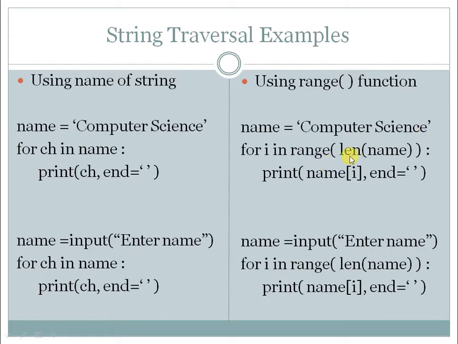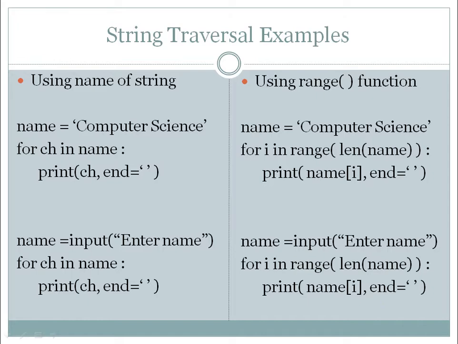This function range in bracket length of name will give us our sequence from index number 0 to index number last, length minus 1. So we will be printing name and its index. That's how we print each character of a string. Similarly, in this example, the user enters the value and the loop is same.